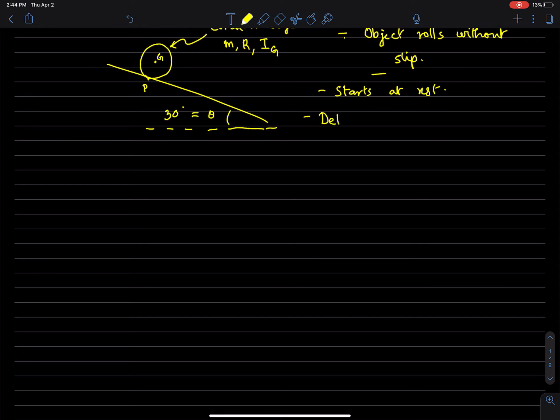Determine the velocity of G when G has descended, well, let's say G has traveled a distance s along the slope.